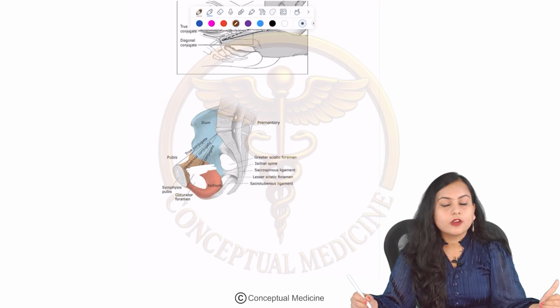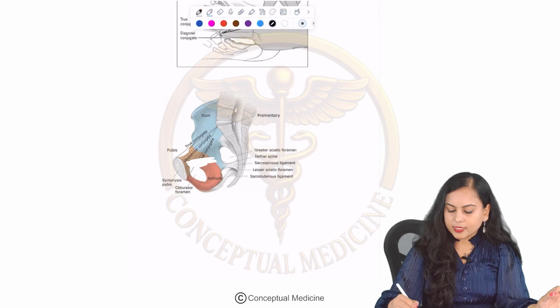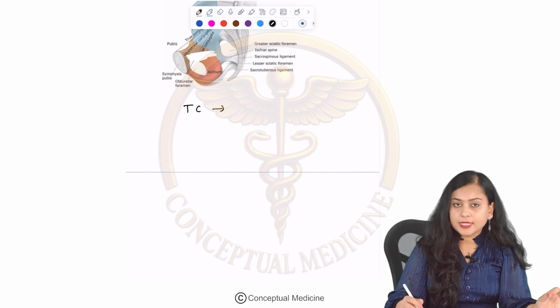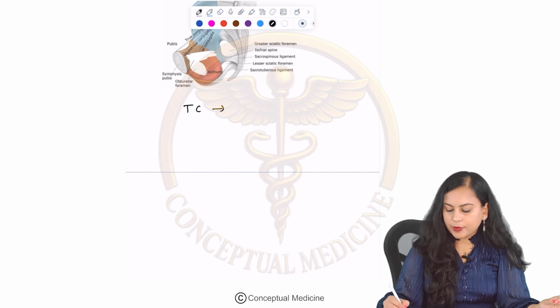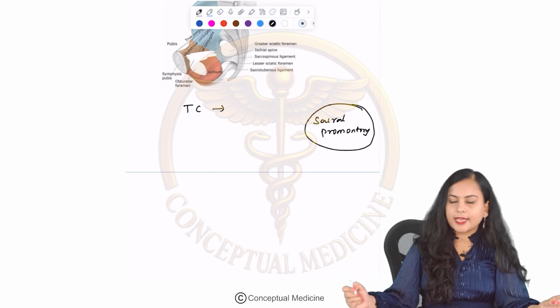What you are measuring is your diagonal conjugate, because true conjugate is something else. Okay, so true conjugate means it will be passing from the pubic symphysis. Okay, say everything has a common ending, that is sacral promontory, the most prominent point on the sacral promontory.